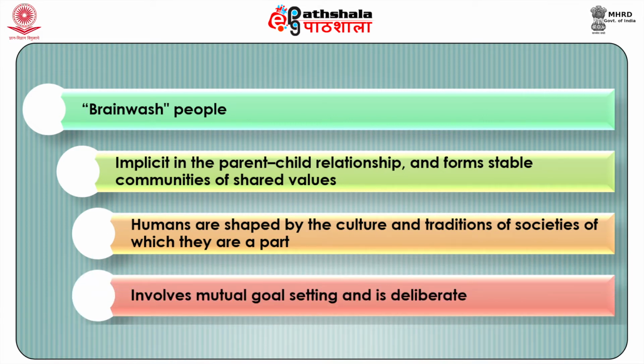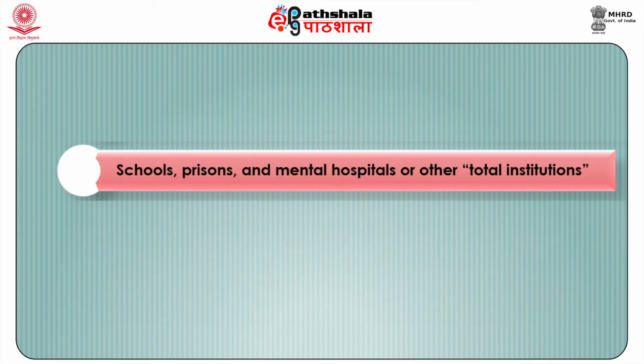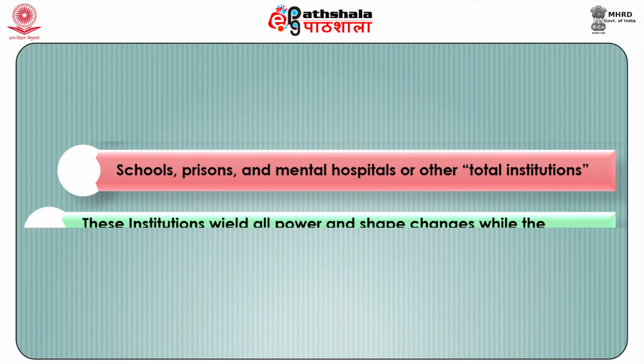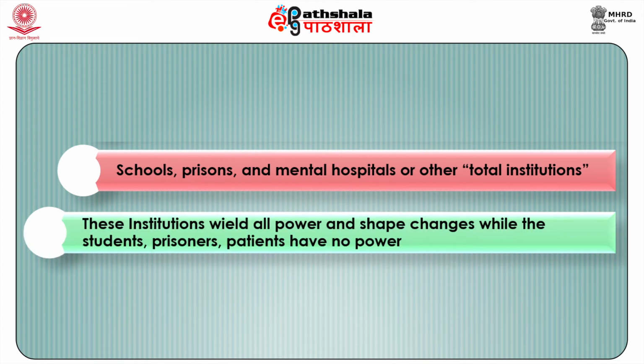Indoctrination involves mutual goal setting and is deliberate and involves an imbalanced power ratio. Many schools, prisons and mental hospitals or other total institutions would fall into this category. These institutions wield all power and shape changes while students, prisoners and patients have no power.